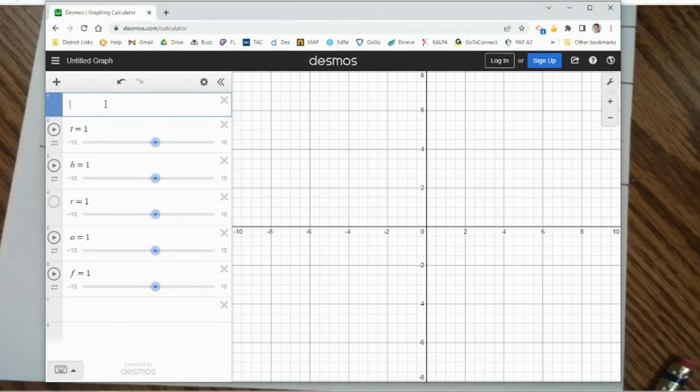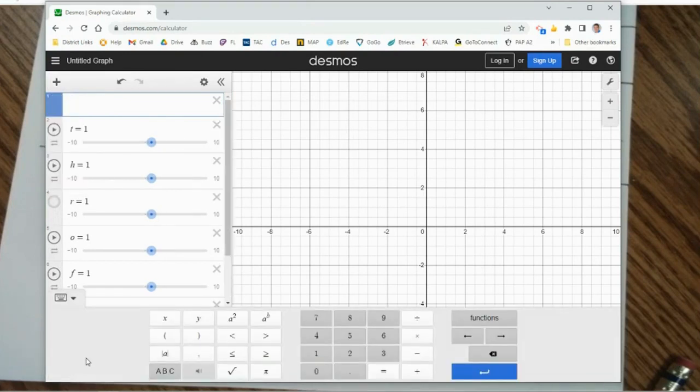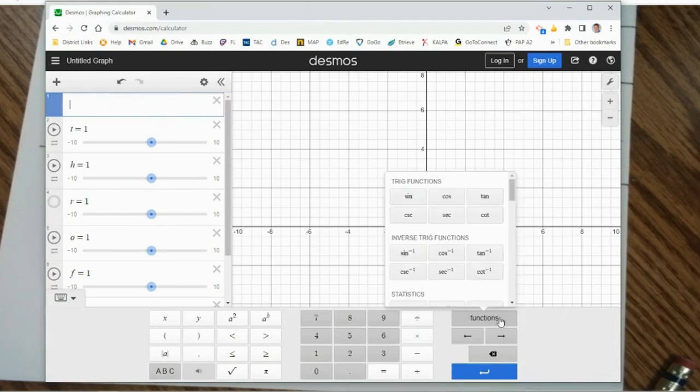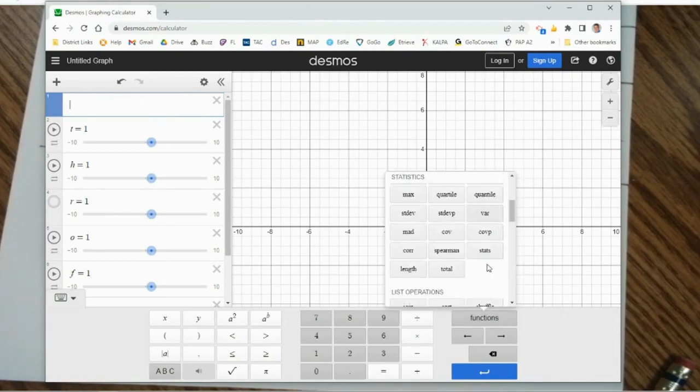All right, what other options do we have on there? I don't know that I've done this in Desmos. Yeah, there's a button on the bottom left. Oh, there we go. That's what I was looking for. Functions. Okay, let's see what we have here.